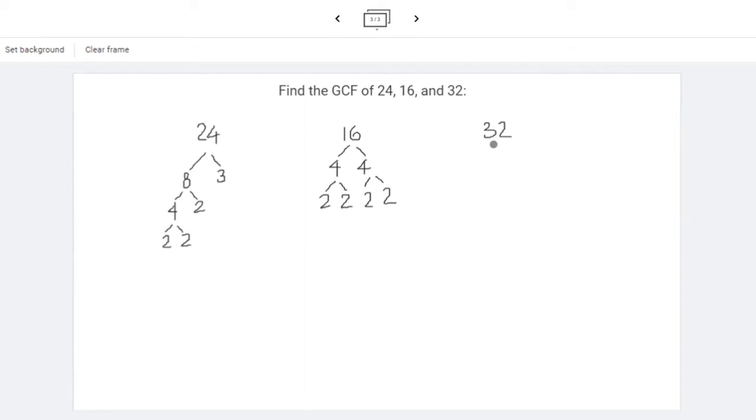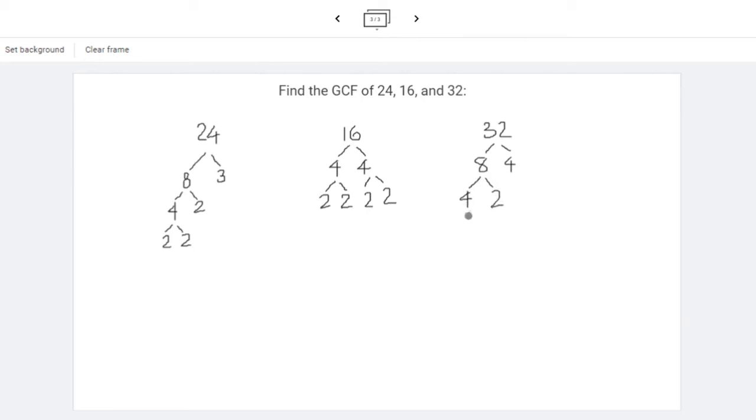On to 32. So this 32, I'm going to simplify into 8 and 4. You can do that, or you can do 16 and 2. But they give the same answers at the end, you just choose what you want to do. We can simplify this 8 further into 4 and 2.